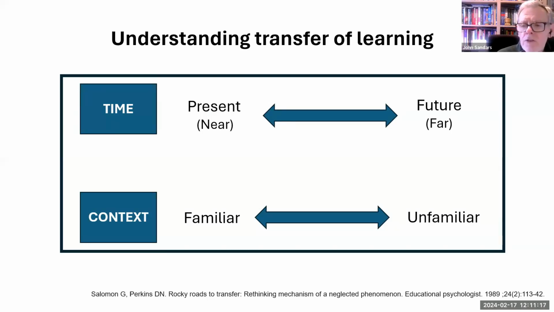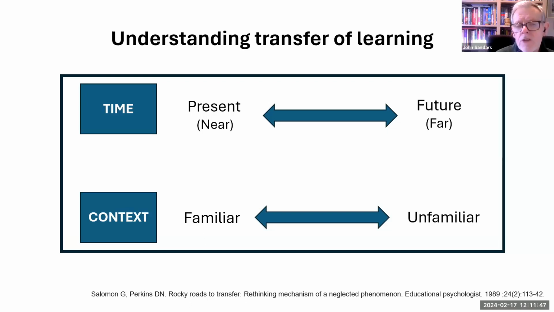So for transfer, it can be pretty close to when the training event occurred. So if you measure somebody's, say, lumbar puncture skills after a simulation, if they do it within maybe 10 minutes or the next day, they may be able to transfer that skill to doing it again.